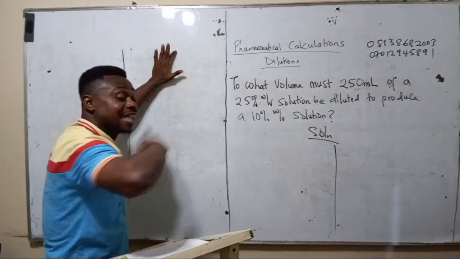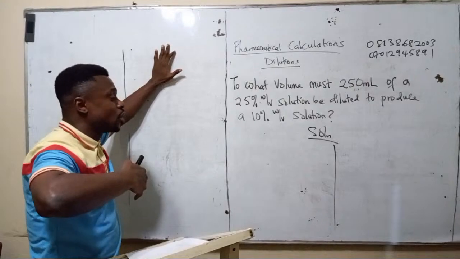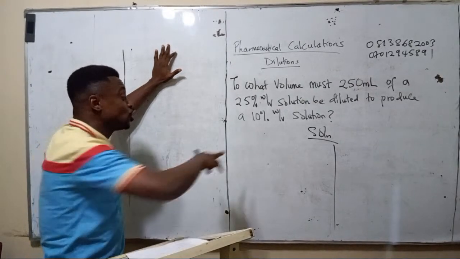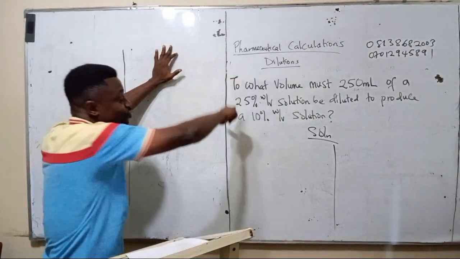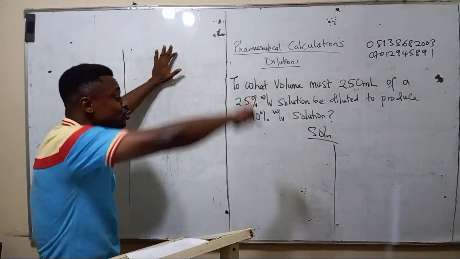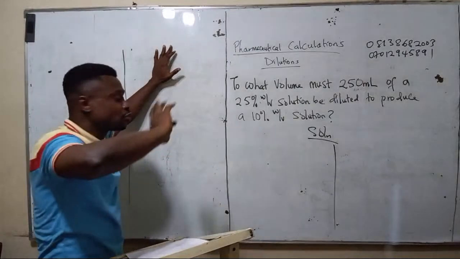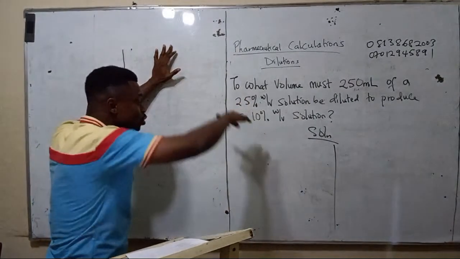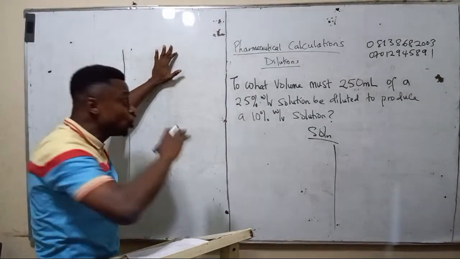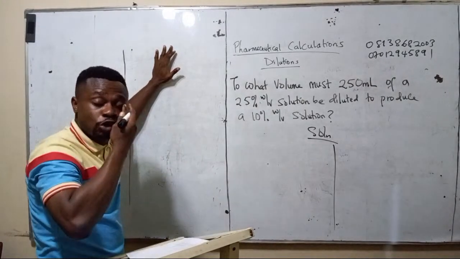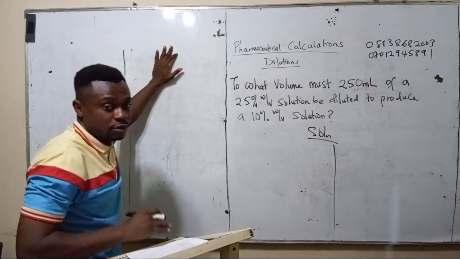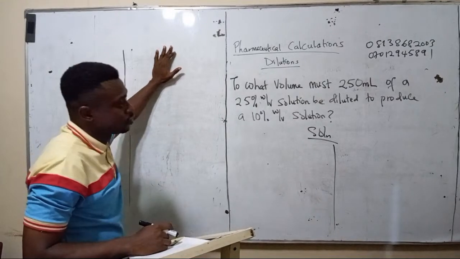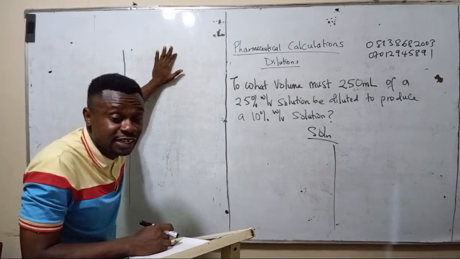We know the concentration to which we want to dilute it, from 25% weight in volume to 10% weight in volume. We know where we're taking it to, but we don't know the volume to which we are diluting it. That's what we are looking for. So we are looking for our V2 here.